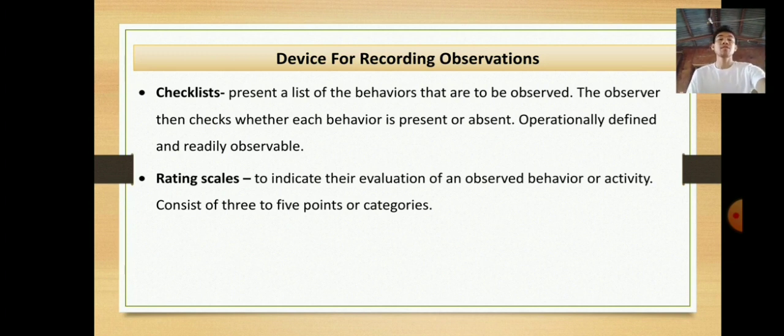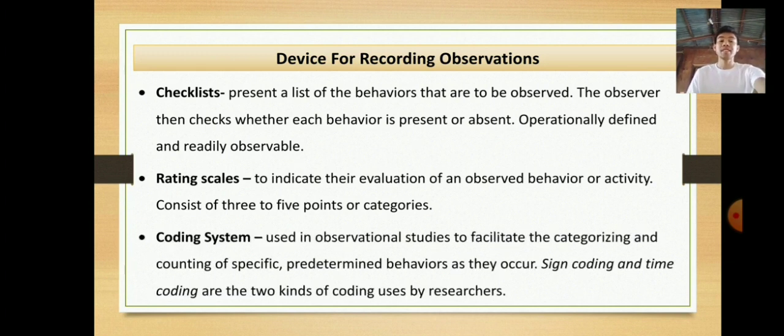So, now let's proceed to the coding system. So, coding system is used in observational studies to facilitate the categorizing and counting of specific predetermined behavior as they occur. So yung coding system, code lang yung nililista mo dito.